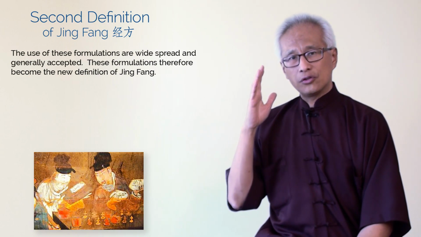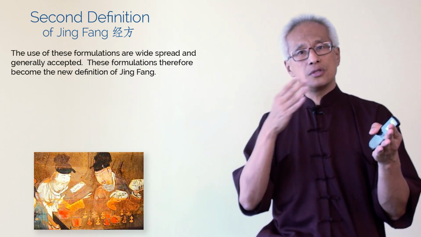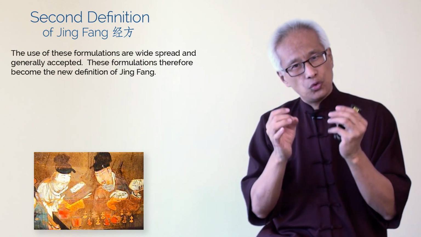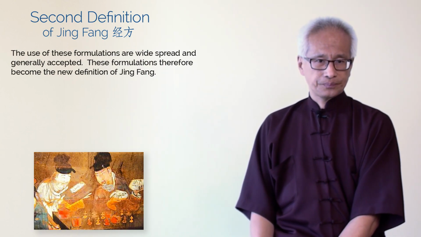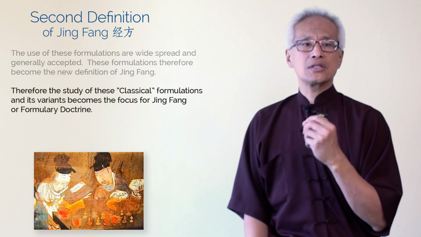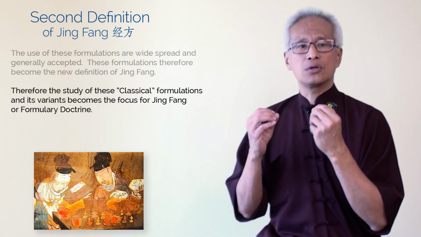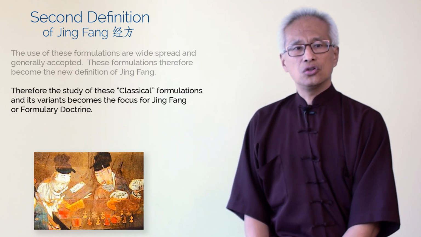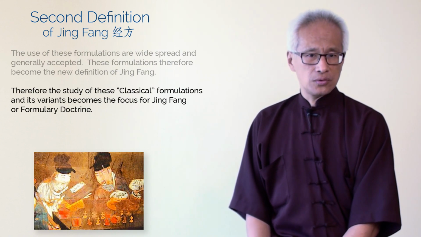So people who want to stay true to TCM, the first thing they tell you is you've got to study these true classical formulas from Shanghan Zabing Lun. Therefore, the study of these classical formulas and their variants became the main focus of Jingfang or Jinlunfang, which we call Classical Formulary Doctrines.